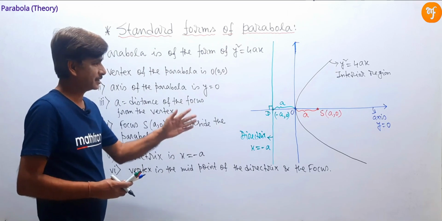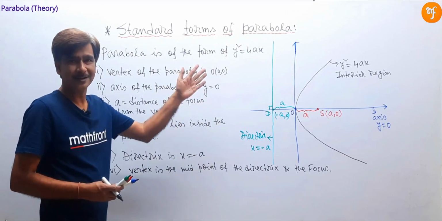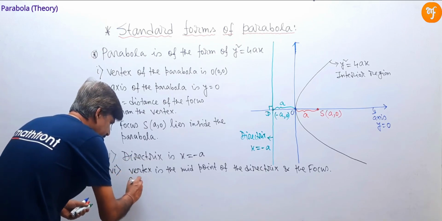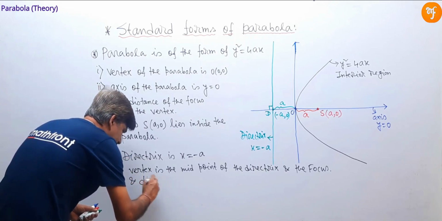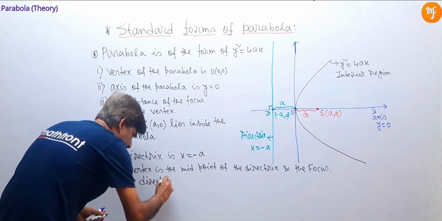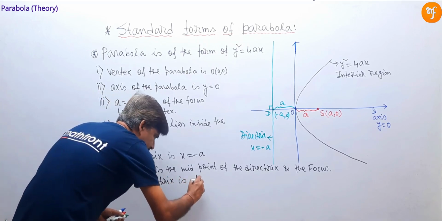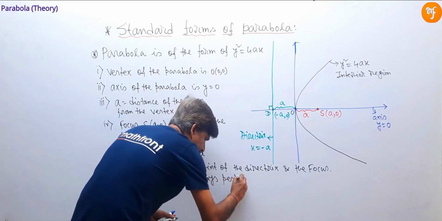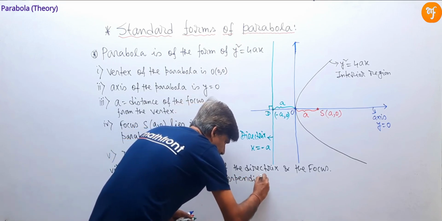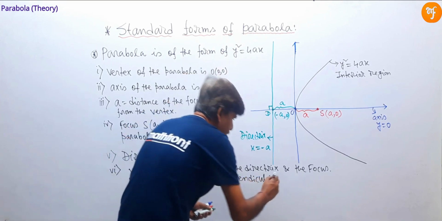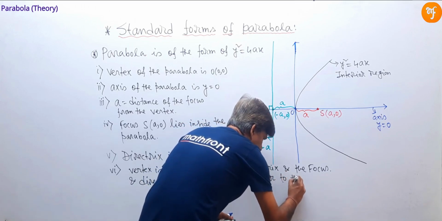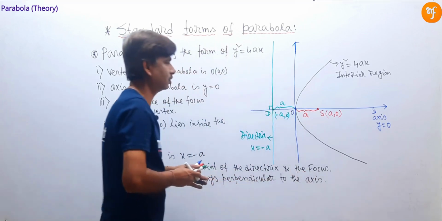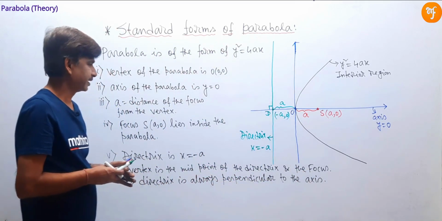Clear? And directrix is always perpendicular to the axis of the parabola. Okay, so directrix is always perpendicular to the axis.